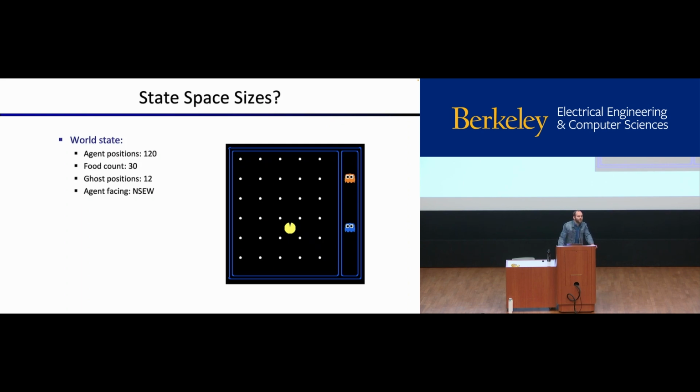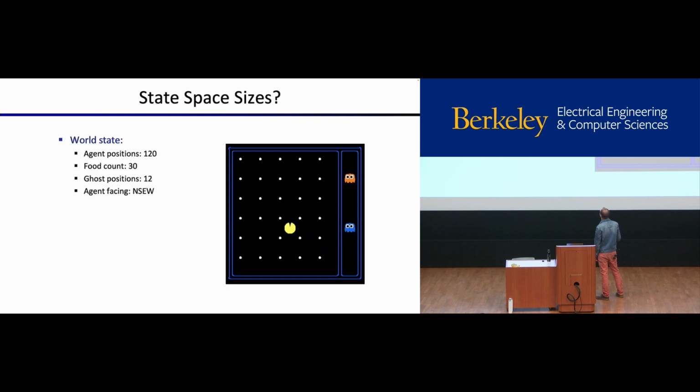So let's think a little bit about state space sizes and why it can be helpful to make these smaller, how we can make them smaller. So in the world state for this version of Pac-Man, there are 120, let's see, positions the agent can be in.